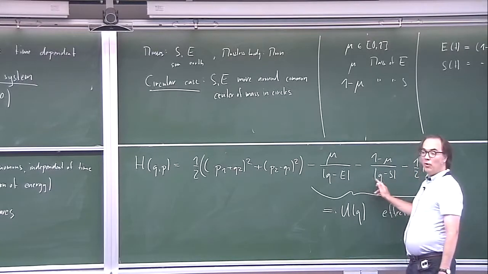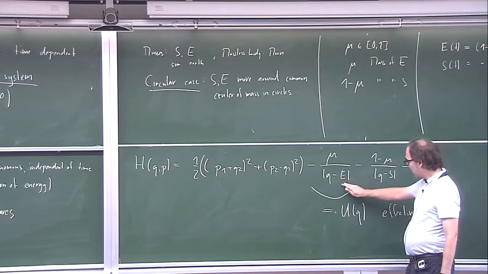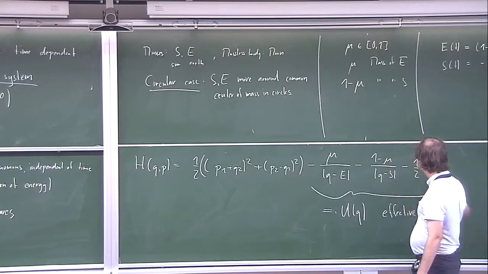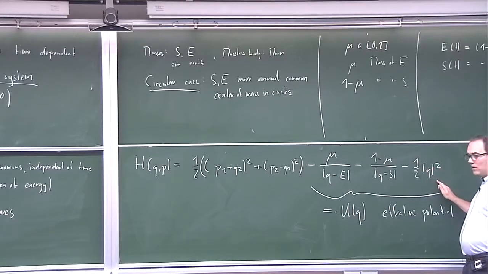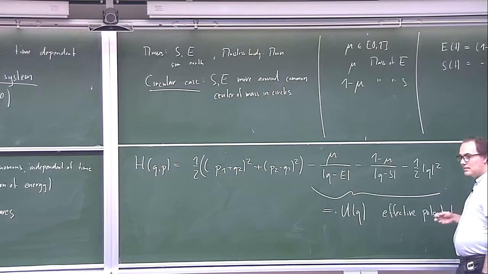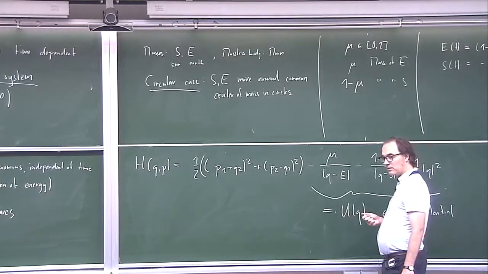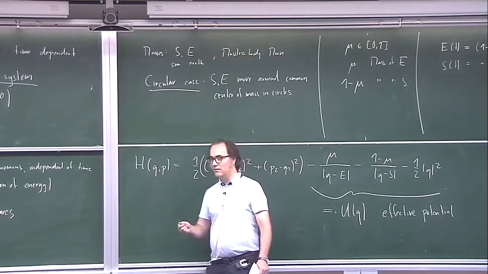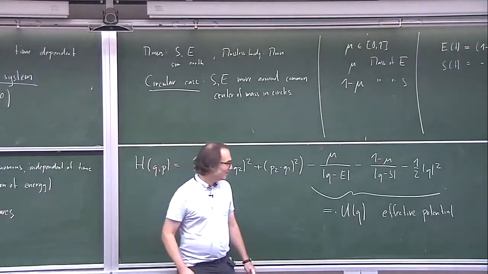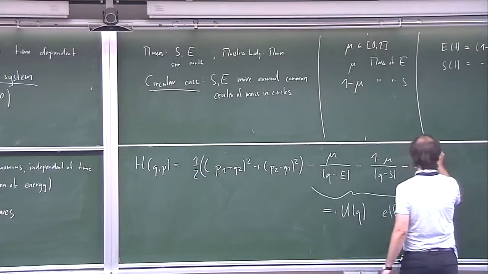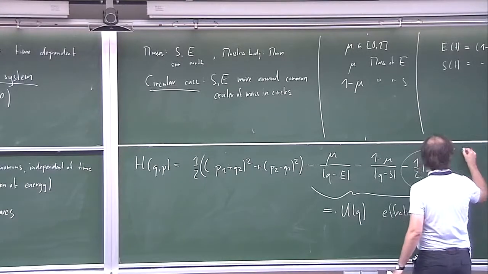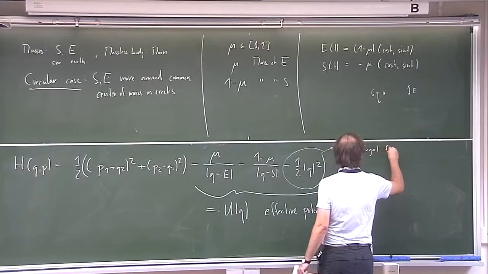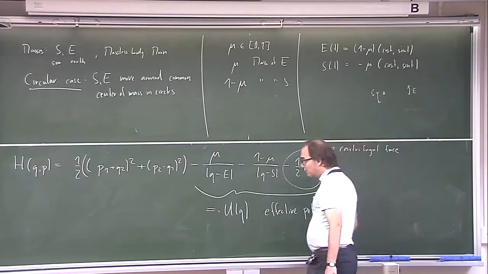It has one more term: we have the gravitational force of the Earth, the gravitational force of the Sun, plus this last term, which is responsible for the centrifugal force. If you go on a merry-go-round, you feel a force outward.